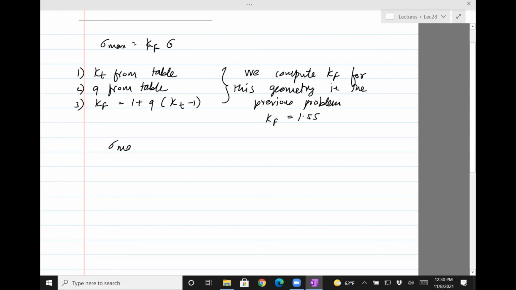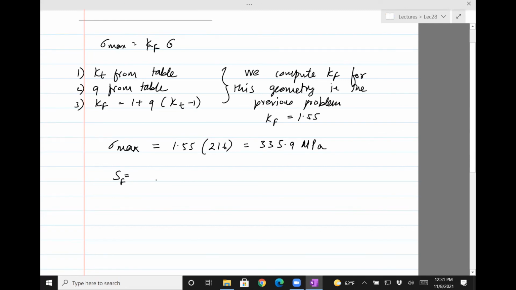So sigma max is 1.55 times sigma, and sigma is 216. So sigma max is 335.9 MPa.